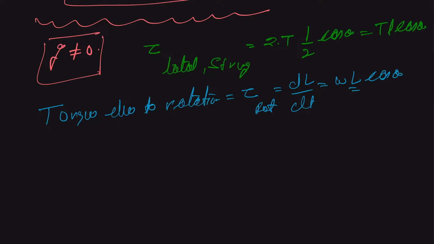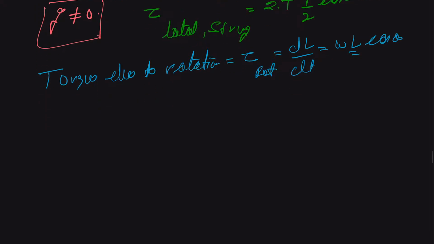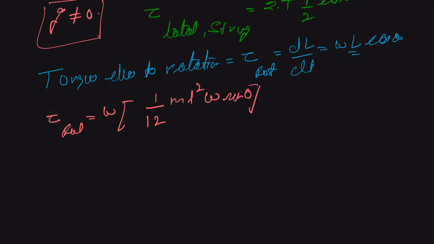Now here we substitute value of our L. So we get tau rotation will be equal to omega, and we have this as 1/12 ml² omega sine of theta multiplied by cos of theta. So we get this as 1/12 ml² omega² sine of theta and cos of theta.